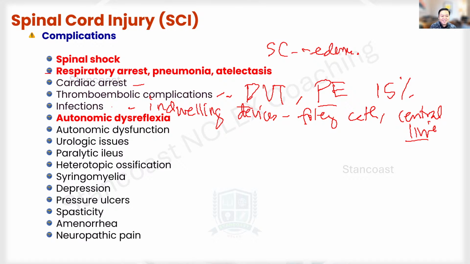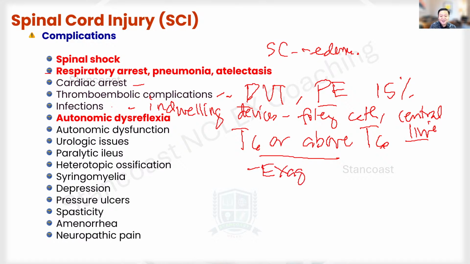Again, the level T6 or above T6. Take note about the autonomic dysreflexia. And so here, the person will have exaggerated autonomic responses to stimuli below the level of injury. Take note of that.